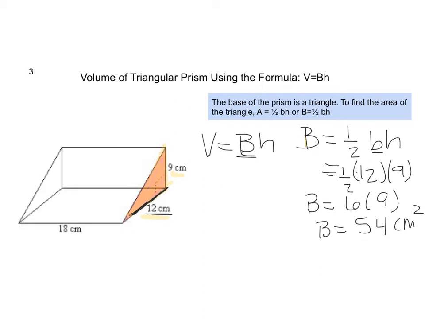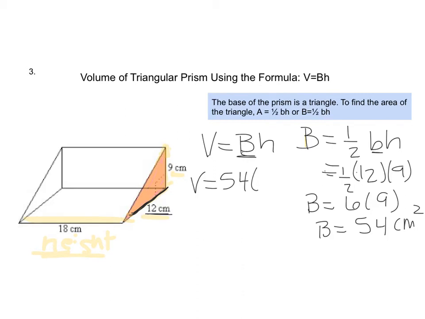I'm going to substitute that back into my formula along with the height of the prism. The height of the prism, again, is the distance between the two bases. That's this dimension here. This is the height of the prism, not to be confused with the height of the triangular base.